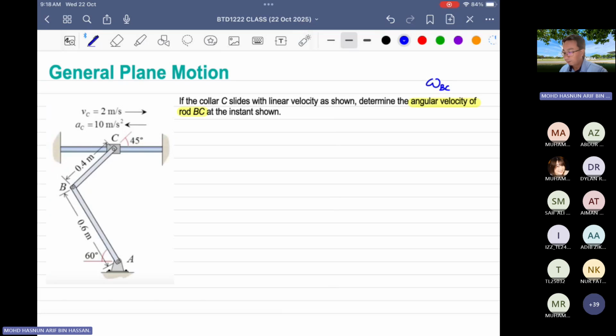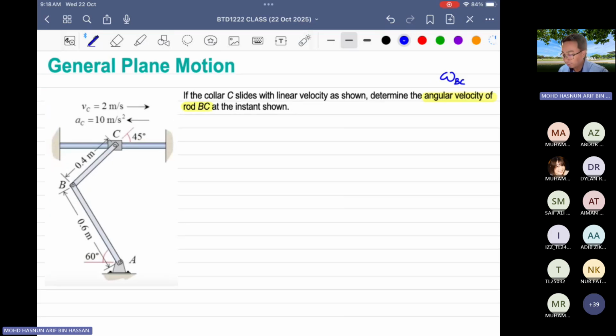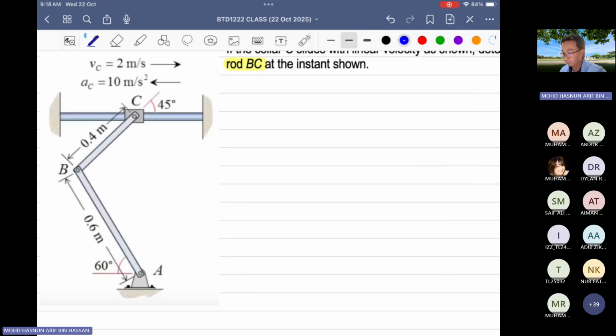Before we go there, let's identify the type of motion that we have here. So we have basically two objects. One is rod AB, and the other one is rod BC. If C is moving to the right, let's draw velocity of C, which is pointing this way.